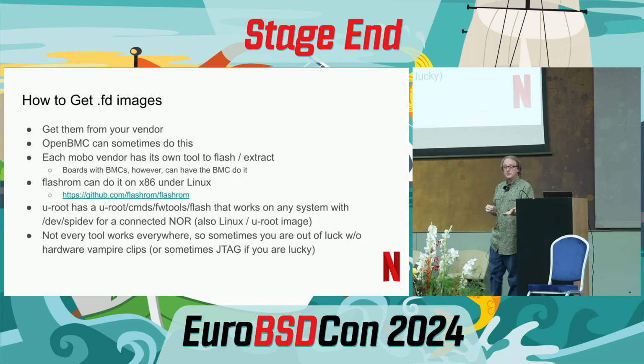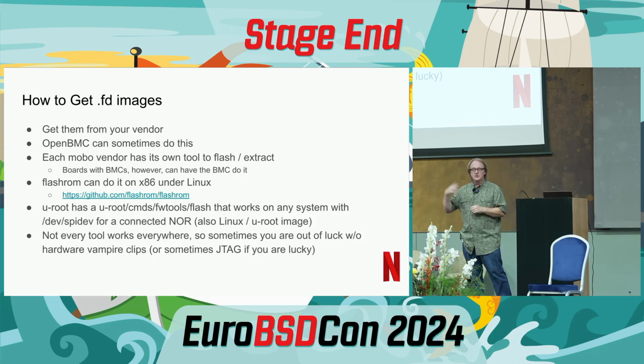If you're using QEMU, most QEMU packages have these images. If you're using a motherboard, sometimes, if you're lucky, you can download it from the motherboard vendor's website. And some motherboard vendors have special tools that you need to extract what's actually on the system.